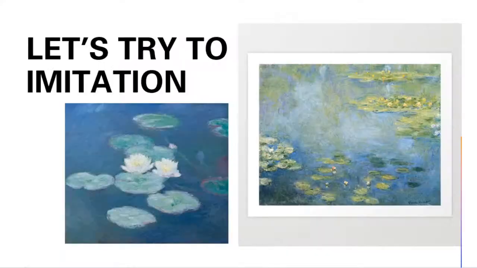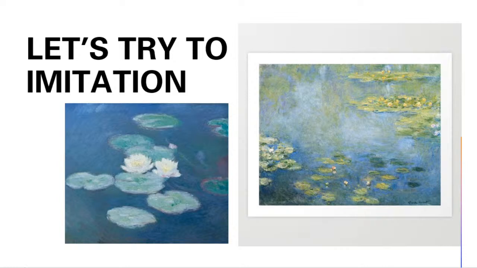And there's also more detail, like the tree trunk and different kinds of texture. So today we will focus on Monet's two flower paintings. We will try to do the one with water lilies.